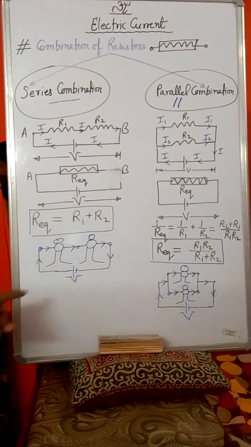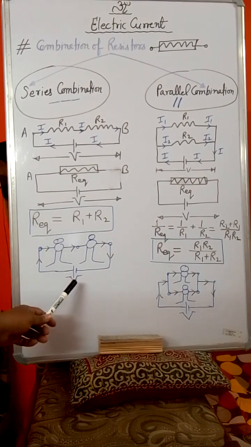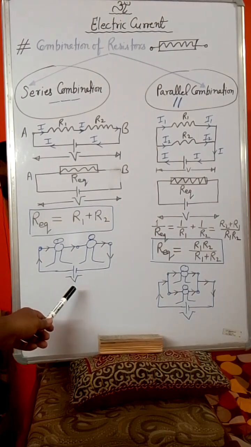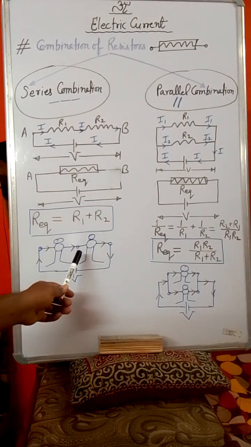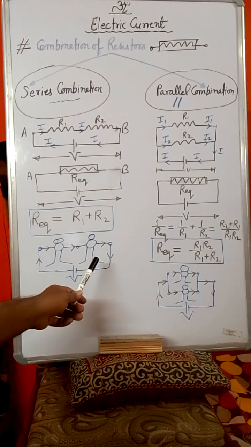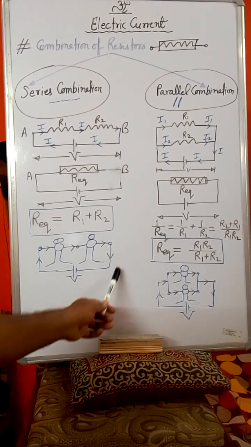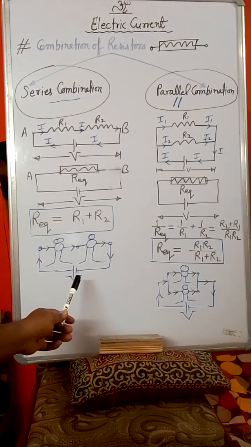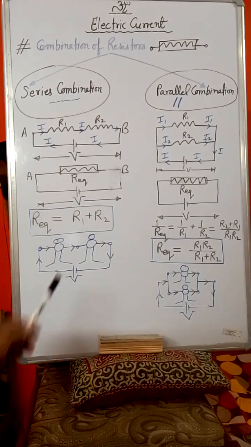Now if you see the diagram, what is happening here? One hand is connected to the power source, that is a voltage source, and the other hand is connected with the other person, and the second hand of the other person is connected to the other terminal of the voltage source.